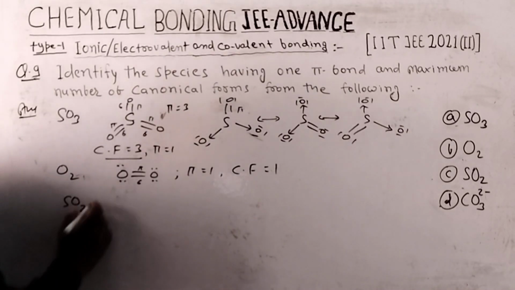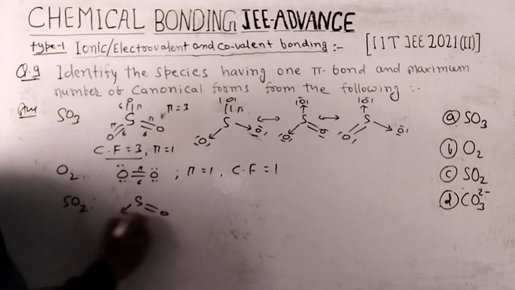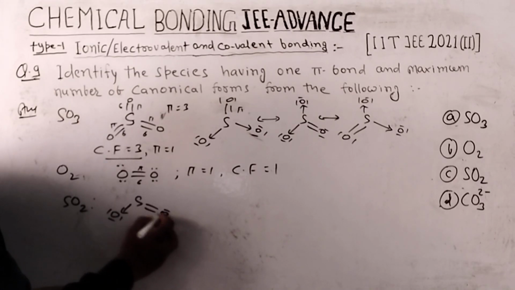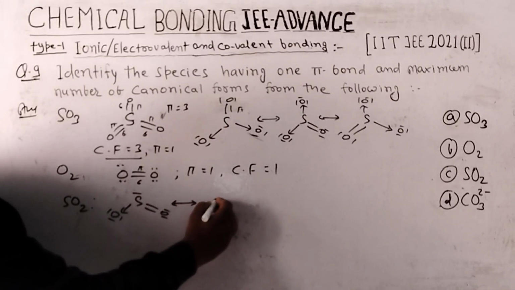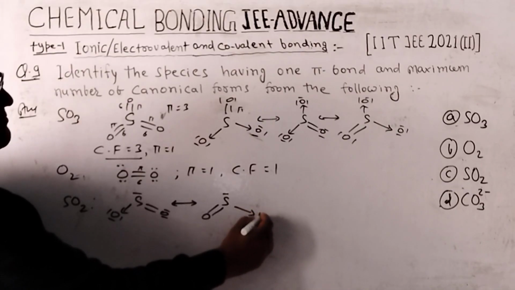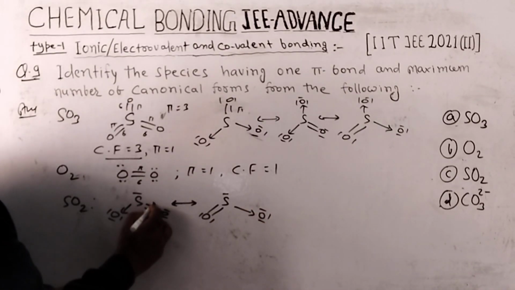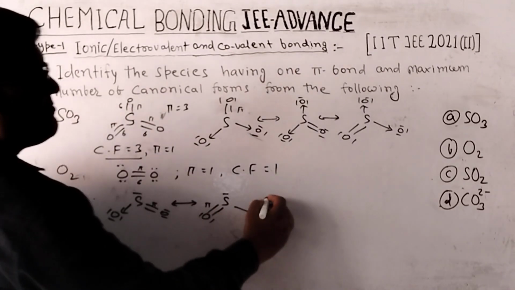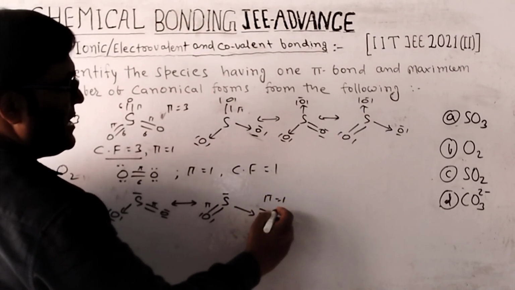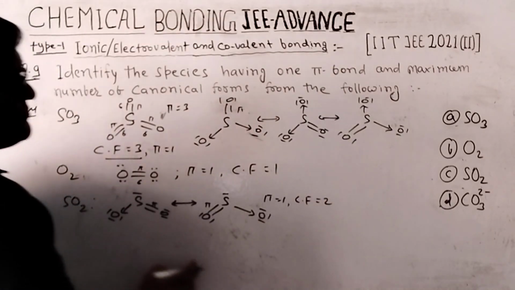In case of SO2, this is the structure of SO2. This is the first canonical form, and after that the second canonical form is this type. A single pi is present here. Pi is equal to 1, and canonical form CF is 2.